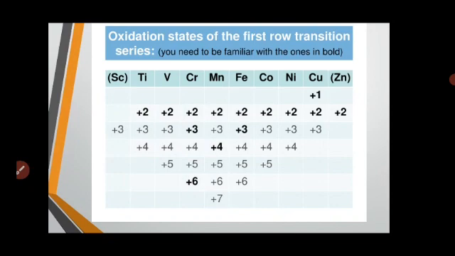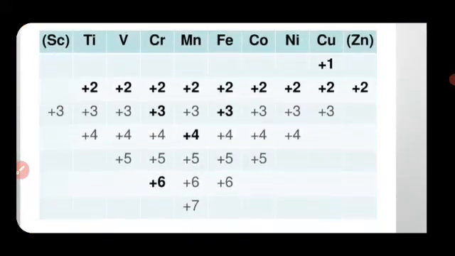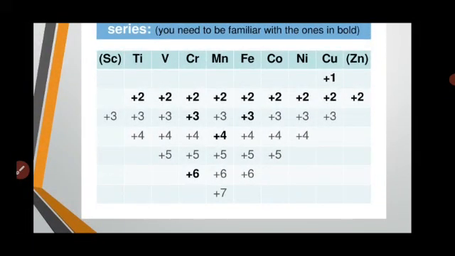So if you go from scandium to zinc, you can see scandium is showing only one oxidation state, that is plus 3, whereas zinc shows only plus 2, because after losing the outermost 3 electrons from scandium or 2 electrons from zinc, they get a stable electronic configuration with d0 or d10 configuration, meaning the d orbitals are either not filled or completely filled.